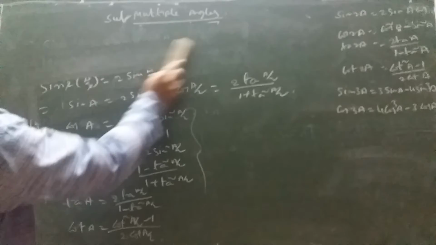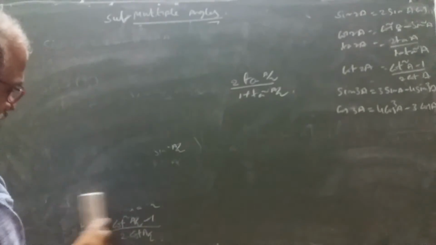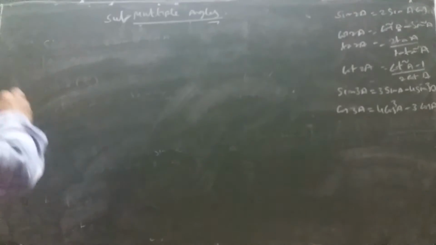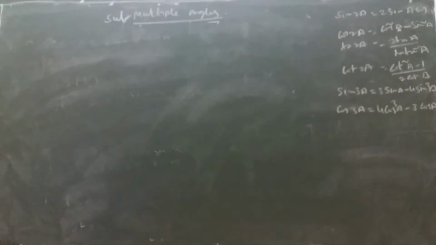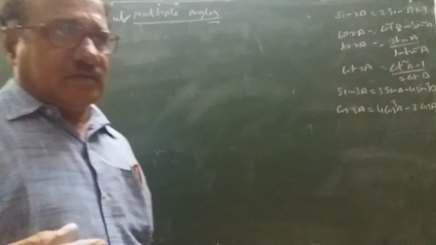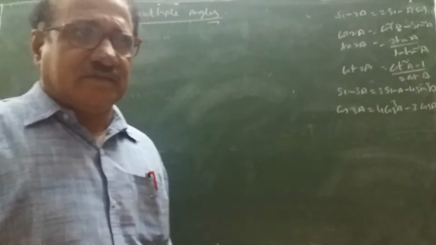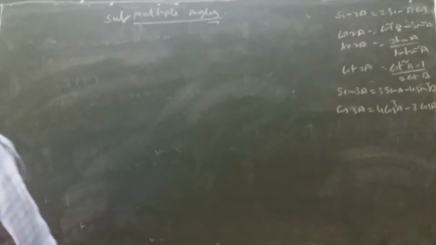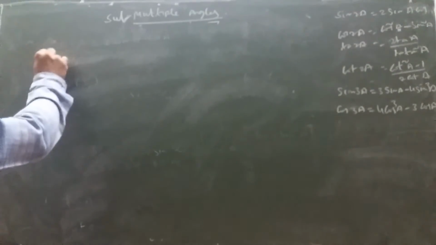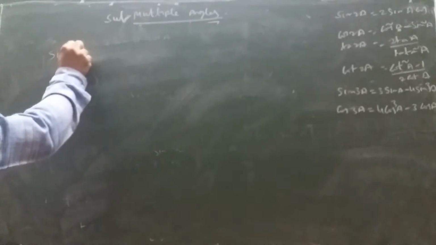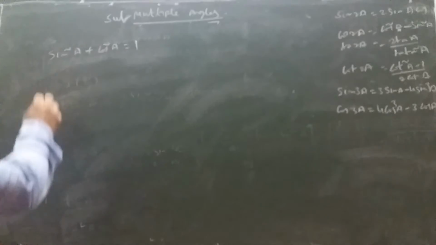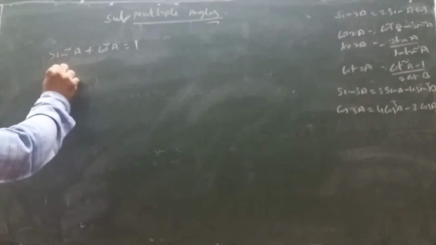By using this, some other relations are there, which we will discuss once. We know that sin square A plus cos square A is equal to 1.